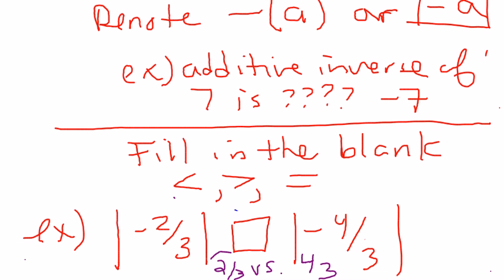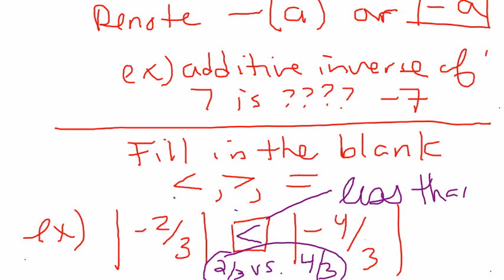So now we just have to think 2/3 versus 4/3. Well, if you're a decimal person, 2/3 is 0.666 repeating, and 4/3 is 1 1/3, which is 1.333 repeating. Some people need to think about decimals, but 2/3 is definitely less than 4/3, so we need the less than symbol. Note to self, less than. All right, good practice. Hope that helps.